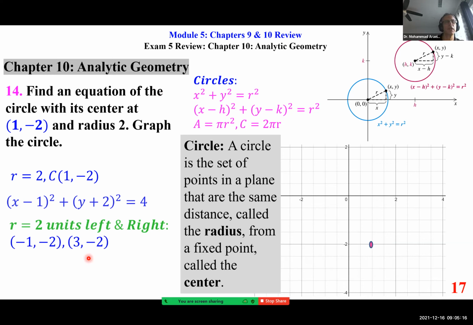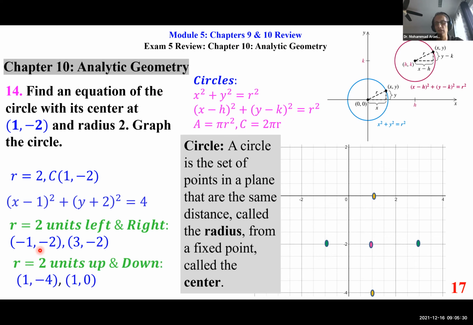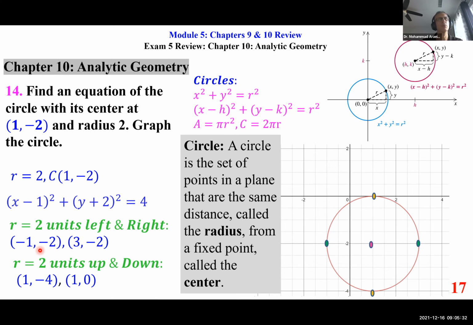Just simply put, add 2 and subtract 2 from the x coordinate of the center. Now add 2 and subtract 2 from the y coordinate, up and down. There you have it, and put them all together. That would be a good practice for graphing it by hand.